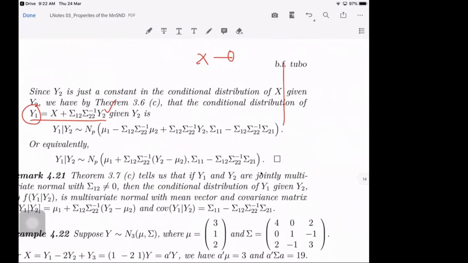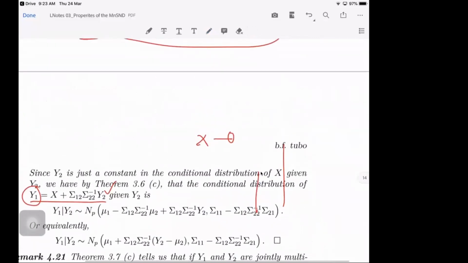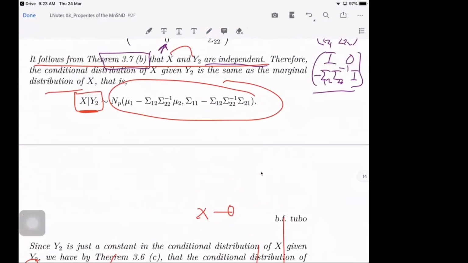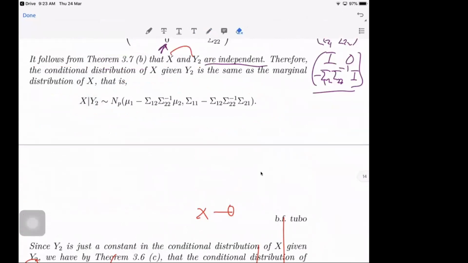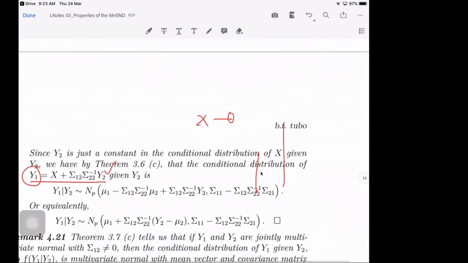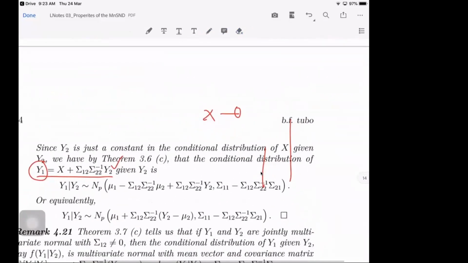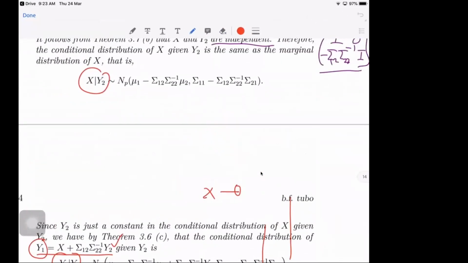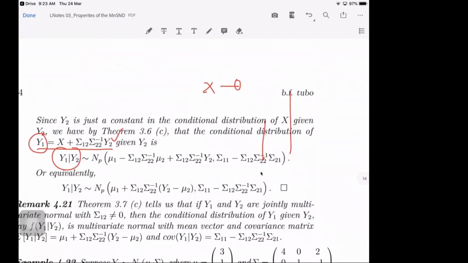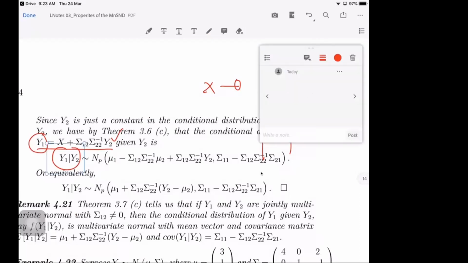Ang ato mang gusto is not the conditional distribution of x given y2. No, dili man kini atong concern, but our concern is the conditional distribution of y1 given y2. So since you already have the conditional distribution of x given y2, you can rewrite x in terms of y1 and find the conditional distribution of y1 given y2.